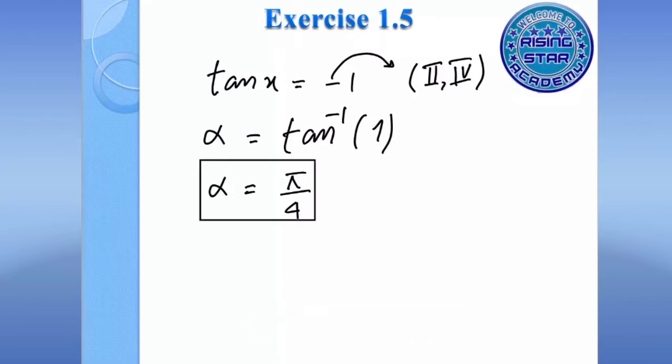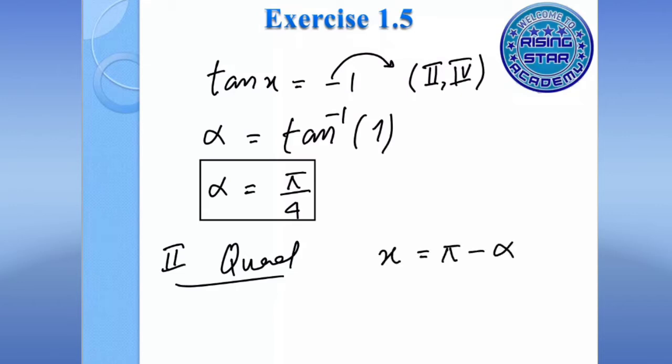Now we will work for quadrant number 2. For the quadrant number 2, we know that our x angle would be pi minus alpha. So pi minus pi by 4, that would become 3 pi by 4.